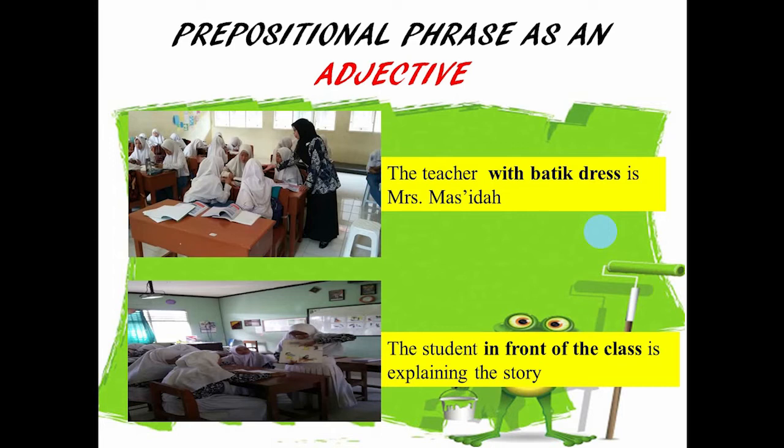Jadi dia berfungsi sebagai penjelas dari the students. Kan banyak the students, dijelaskan. The students yang berada di depan kelas itu loh yang menjelaskan tentang sebuah cerita. Itulah yang disebut dengan prepositional phrase as an adjective. Okay, now we go on to the next example.